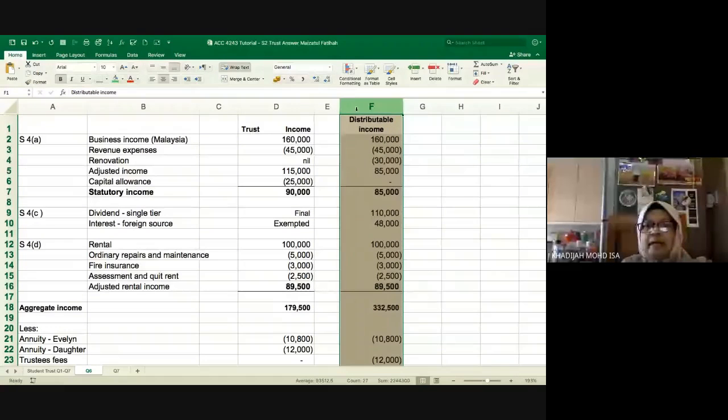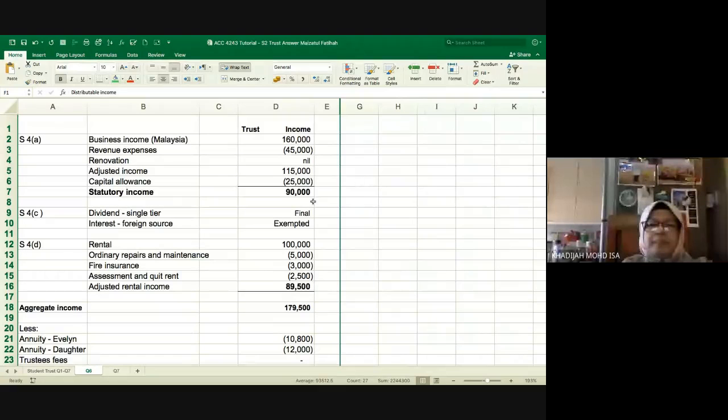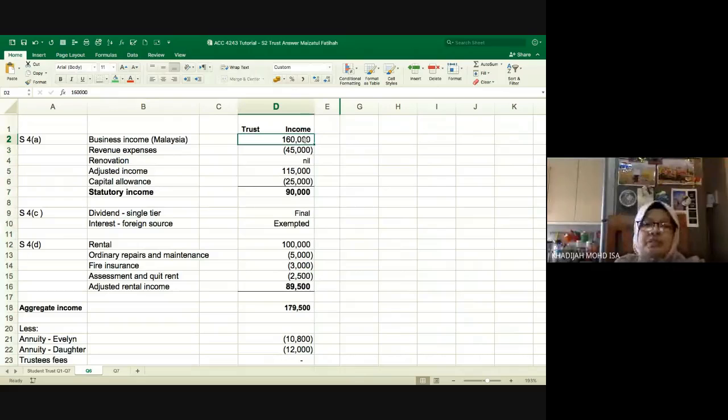Tak boleh lah pula hide this column. Nanti you pening kepala. Okay, so there's no accumulation, then you don't have to compute the distributable income. Yeah, you have statutory income, so it means that business income minus revenue expenses. You cannot claim any renovation, then you have your adjusted income.